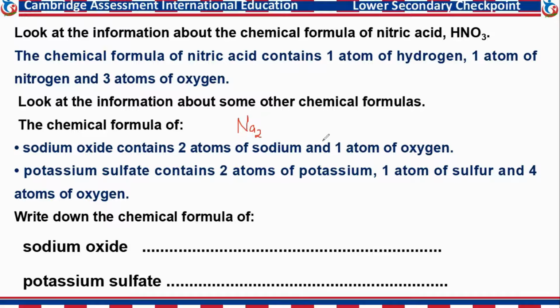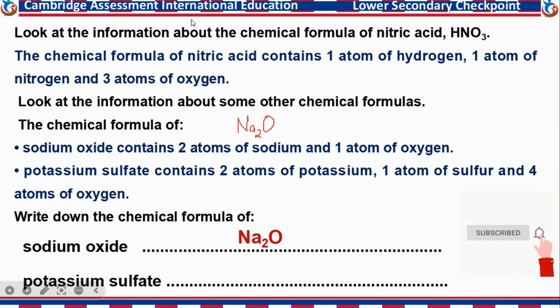Then 1 atom of oxygen, just the symbol for oxygen, no need of writing 1. With this, we put our formula there, Na2O, that's the formula for sodium oxide.